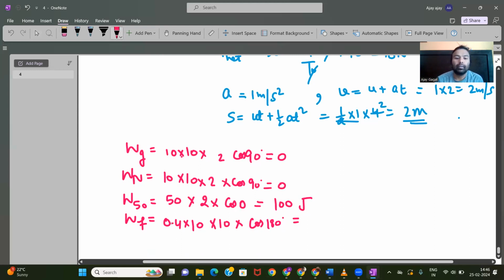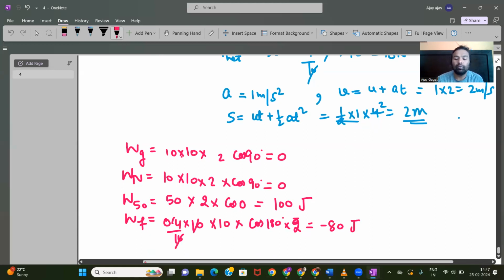Displacement is how much? 2 meters. So if we calculate it, it is going to be -80 joules.